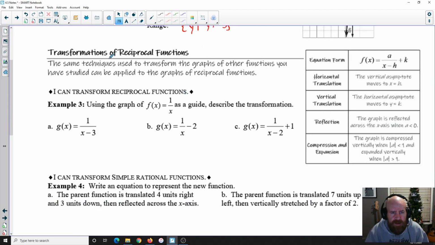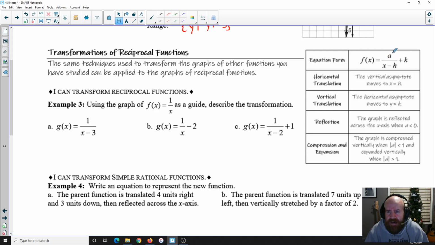Alright, now we need to look at transformations of reciprocal functions. It follows pretty much the same formatting that we've used for every other equation. It's just a little bit different looking at how the parent function would be set up. So we have an a value over x, where the parent function is 1 over x.